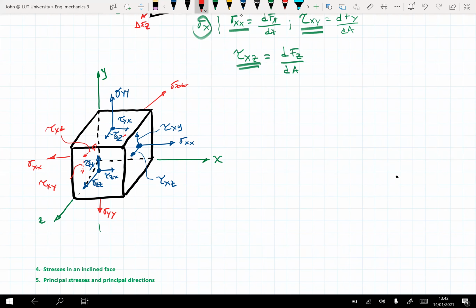This is where the convention becomes important, using these two subindices.